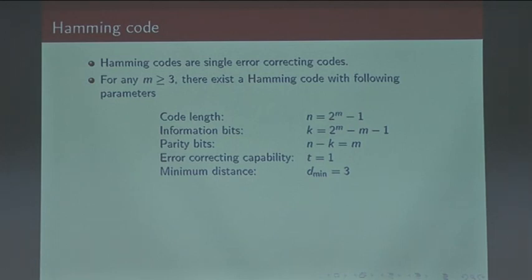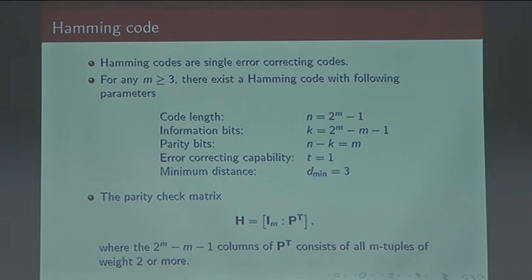Now, to describe this, we need to first mention how to generate this code word, or we need to describe the H matrix. The H matrix of this Hamming code has a very simple form. What are the dimensions of the H matrix? This is n minus k cross n. Here n minus k is m, and n is 2 raised to the power m minus 1.